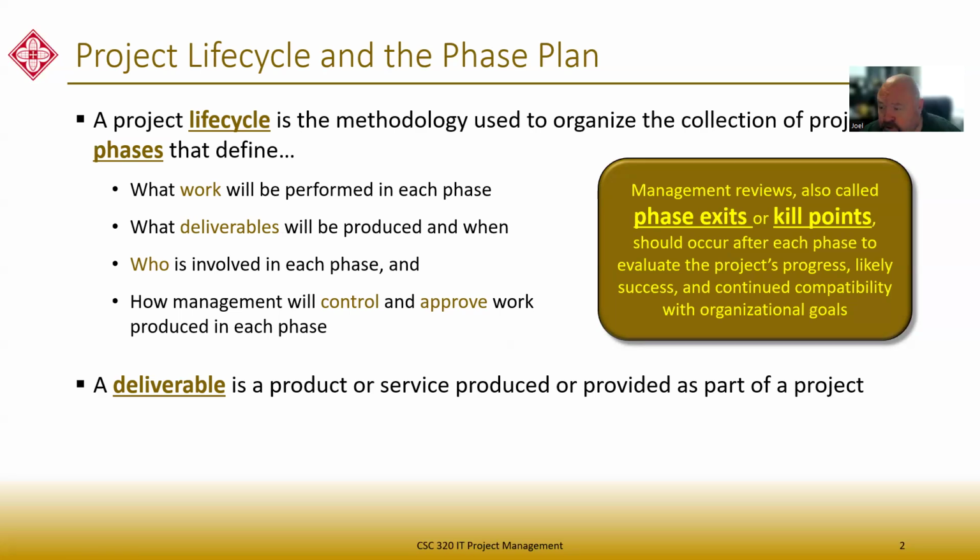So when the timer goes off on the soup that I'm cooking, so the phase is the cooking of the soup. How do I know it's done? The timer rings a bell, ding, and that's my phase point, right? My kill point, my exit point, my gate, and I can then at that point go back to the kitchen and say, turn off the ringer, and taste the soup or inspect that it's done. And if the deliverable meets the criteria, then we say we had a successful pass and we can move on to the next phase.